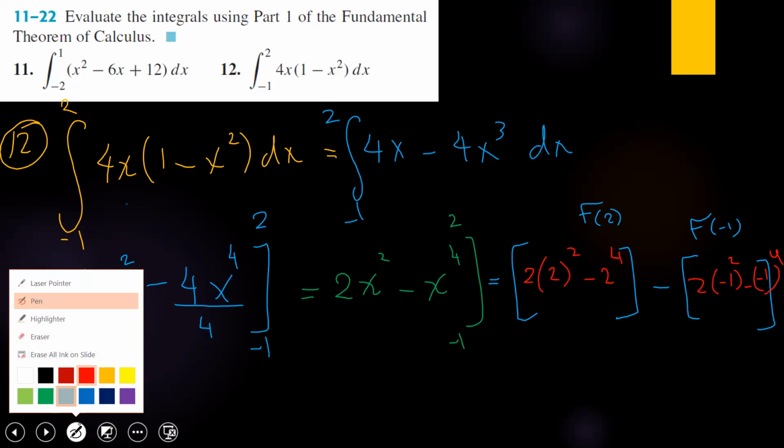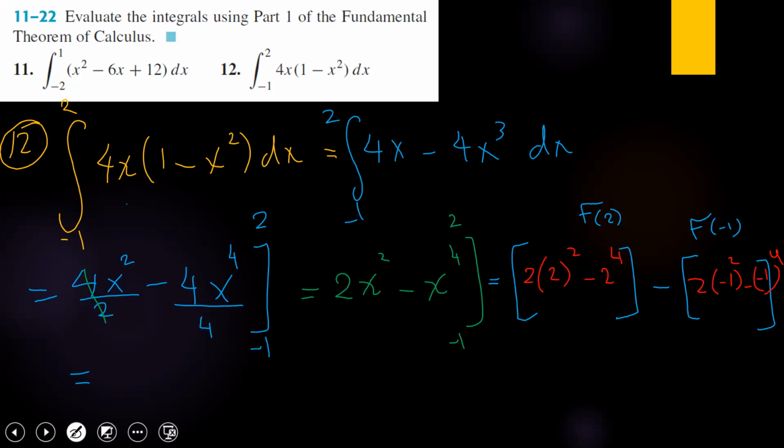Then after that, let's simplify. 2 squared is 4, 4 times 2 is 8. Minus 2 to the power 4 is 16. Minus now, negative 1 squared, 1 times 2 is 2. Minus negative 1 to the power 4 is 1.